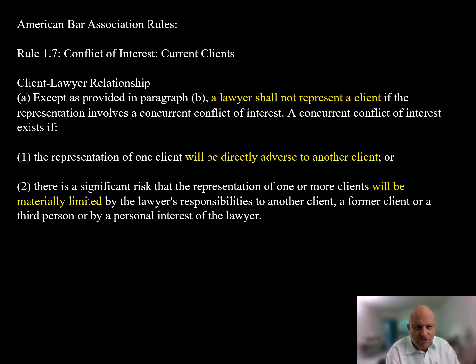A concurrent conflict of interest exists if the representation of one client will be directly adverse to another client. New York says the same in the same tribunal. Actually, this is broader, because New York says in the same tribunal, in the same case. Or there is a significant risk that the representation of one or more clients will be materially limited by the lawyer's responsibilities to another client, a former client, or a third person, or by a personal interest of the lawyer.